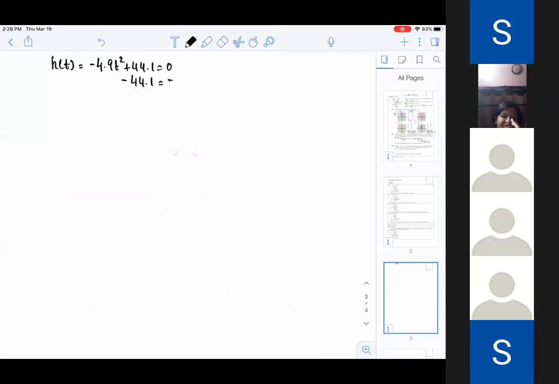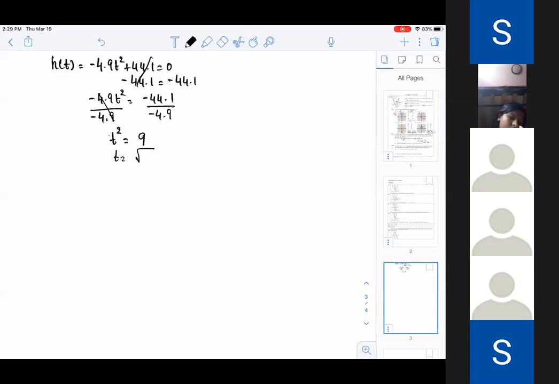We subtract both sides. And to get the t squared all by itself, we are going to divide both sides by 4.9. So they get cancelled. You have t squared all by itself. That's 9. If you want to do it in the calculator, that's fine. Negative and negative becomes positive and you get 9.